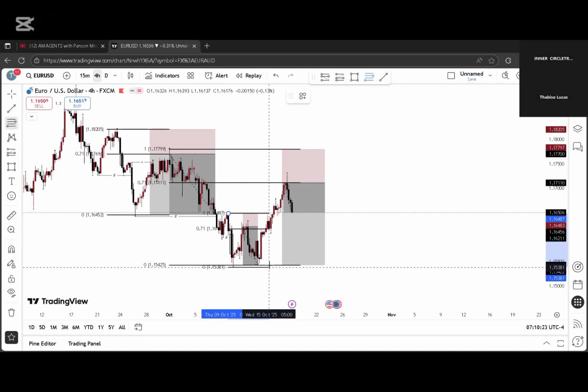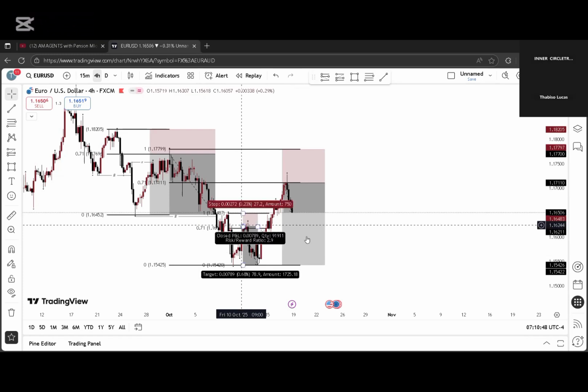I participated in this trade with a 2.9 RR trade. Yeah, a valid fair value gap, a valid 71% level. This was a plus setup. We hit take profit.